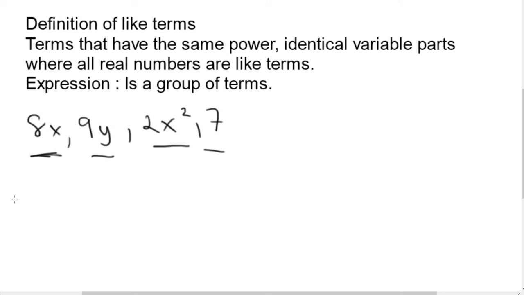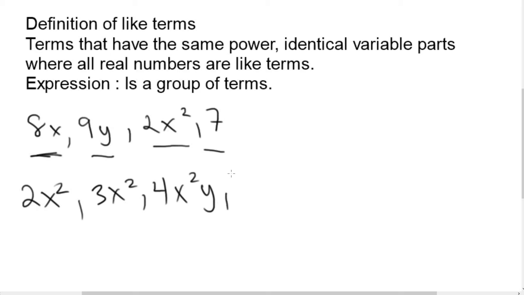Let's look at the next example. If I took 2x squared and 3x squared and 4x squared y and 27, which of these terms are like terms? Okay, so I have 2x squared and 3x squared.